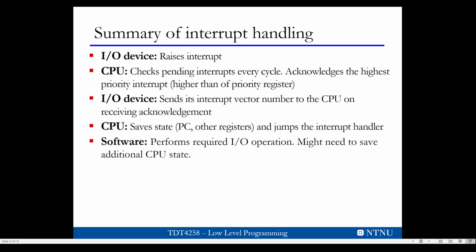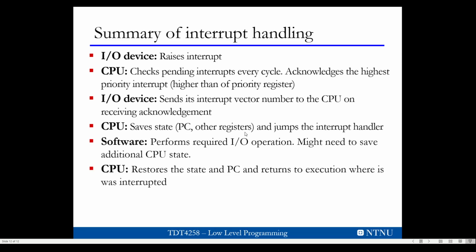Then it executes the code for doing the IO operation, and depending upon the device, the CPU might need to save additional state than what it saved in the previous step. And then once the IO transfer is done, the CPU needs to restore the state and the program counter and return to the execution where it was interrupted when the device raised the interrupt signal.